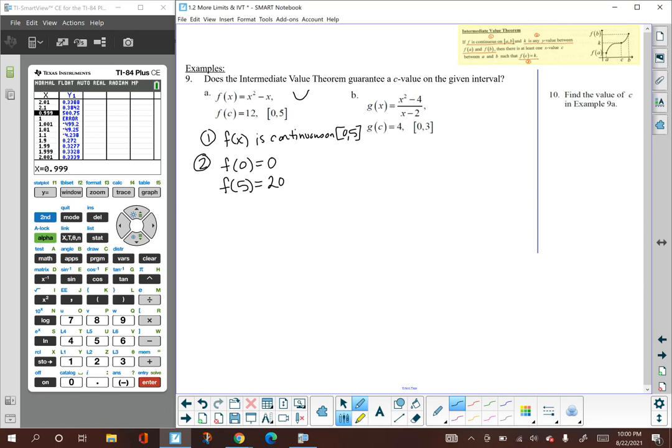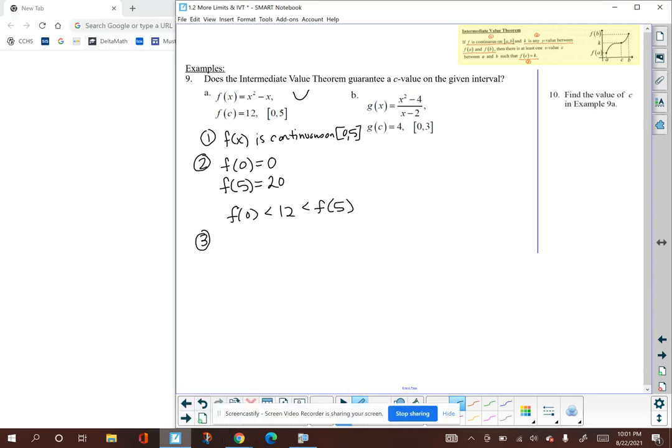So our k value 12 is definitely between those two numbers. 12 is definitely between 0 and 20. So that means we can state the conclusion. So we stated that f is continuous. We showed that 12, the k value, is between our two function values.